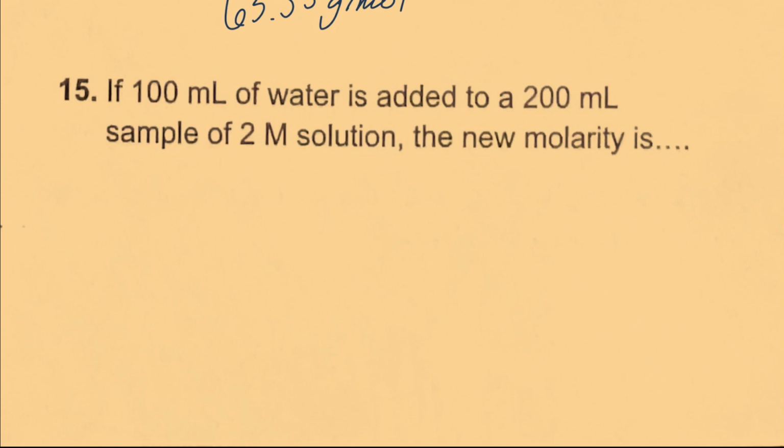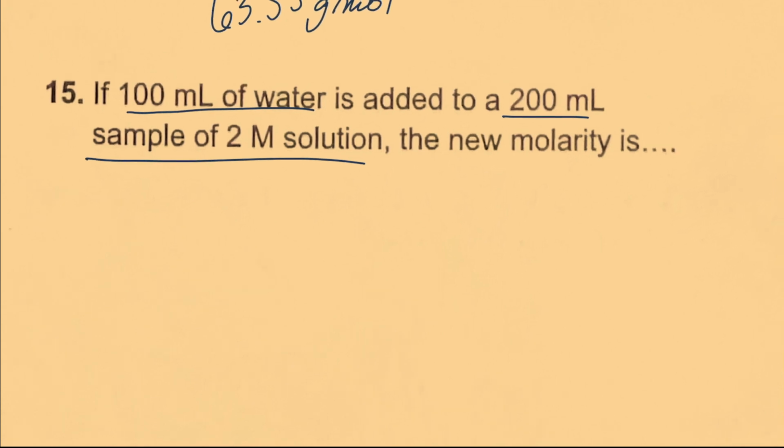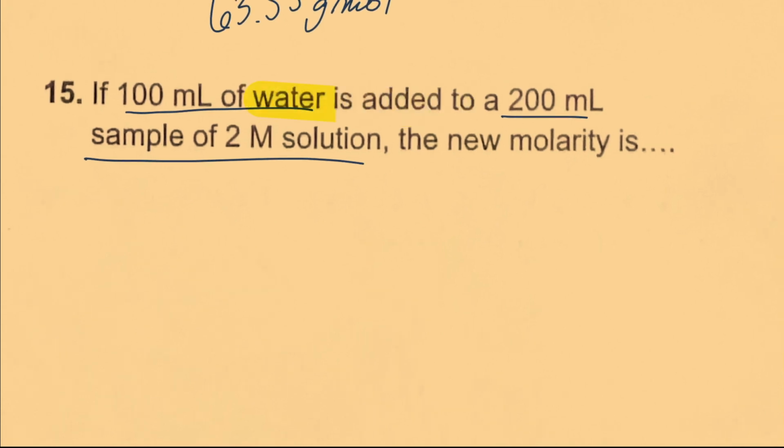Okay, here we go. If 100 milliliters of water is added to a 200 milliliter sample of 2 molar solution, the new molarity is... this is another one, right, where we have water being added to a solution. So this is going to be a dilution problem.